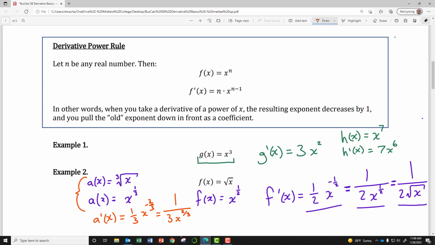And I just want to point out here, just as an extra note, a little bonus lesson, if I have x to the 2/3 power, this would be the same thing as the cube root of x squared. Or you could write exactly the same thing, x to the 2/3 power, a different way.